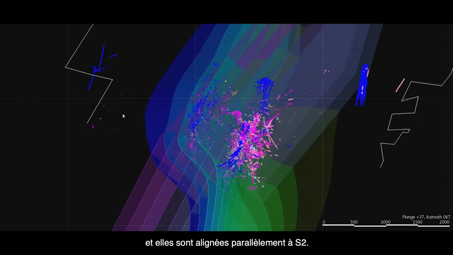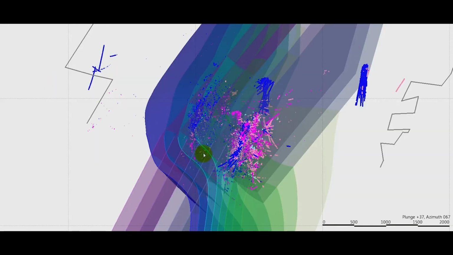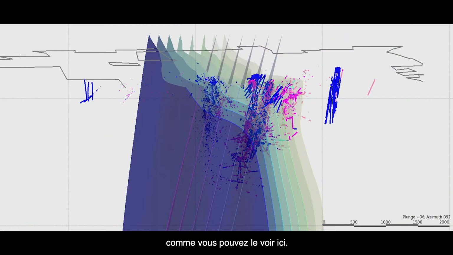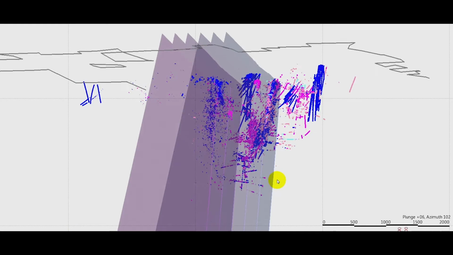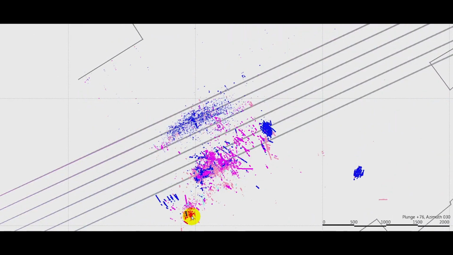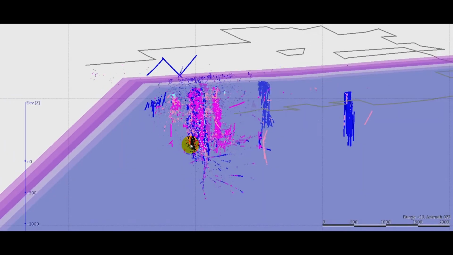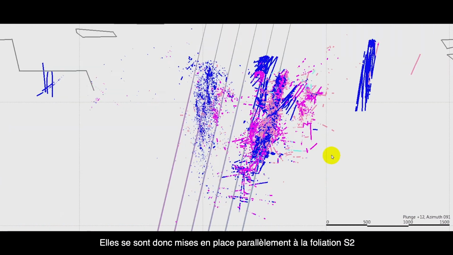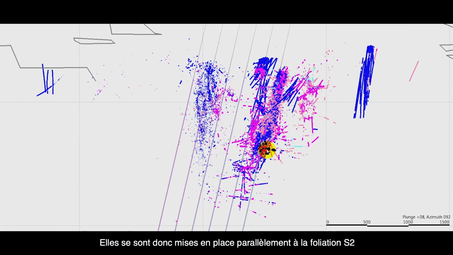And they are aligned parallel to the S2, as you can see here. So they have intruded parallel to the S2 foliation in this area in the Lamaque.